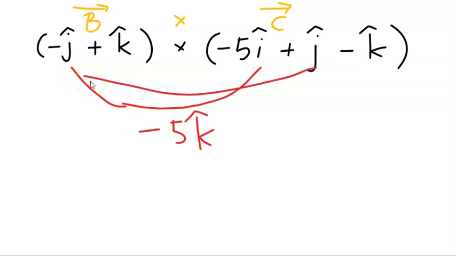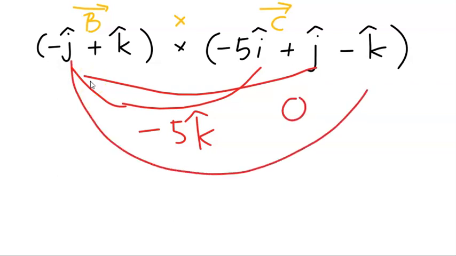Next, j and j, that's going to be 0. And then j hat and k hat, that's going to be i hat. You have a minus 1 here, minus 1 here, so that's positive 1, and together they give you i hat.